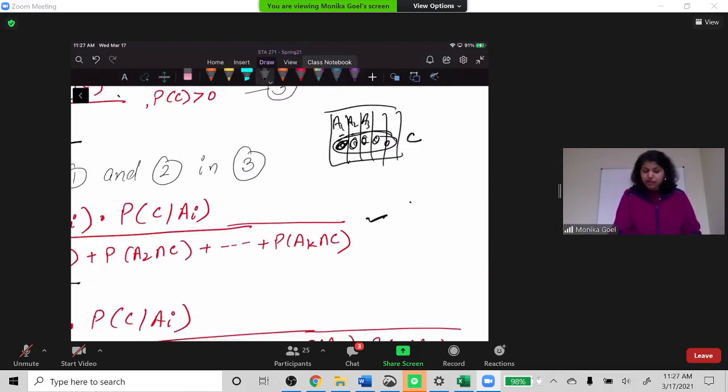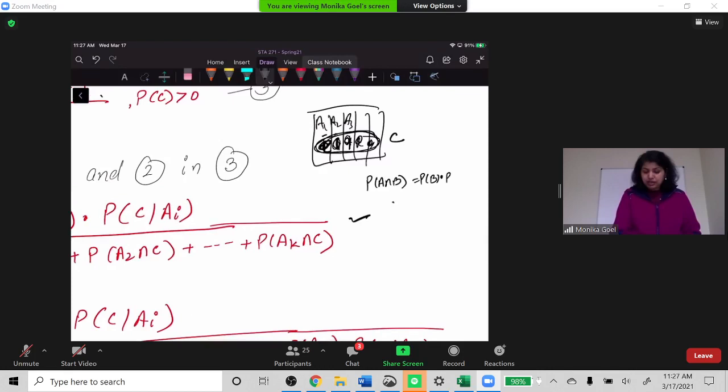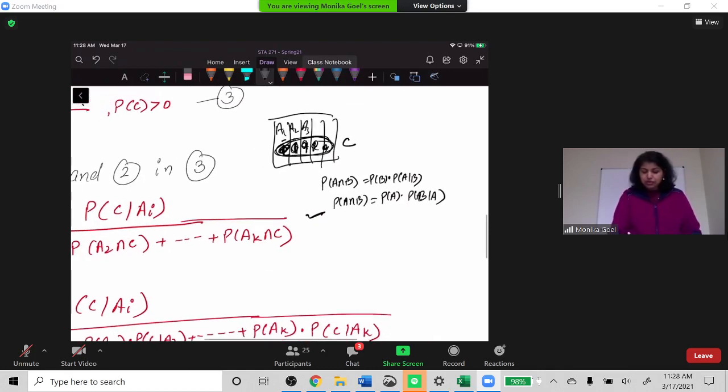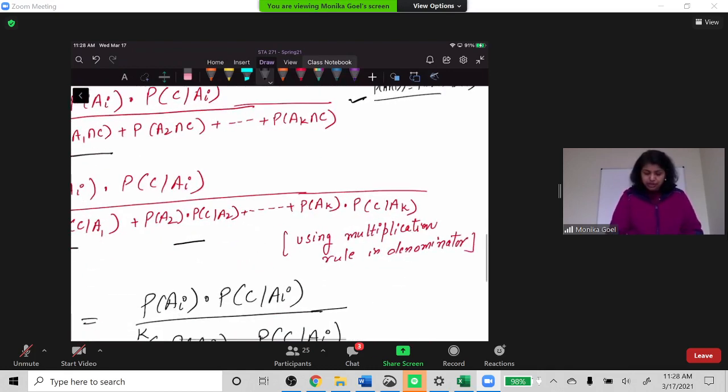So now you're finding this part and you need to look for these individual intersections. And according to the rule, we know that the intersection is probability of B if B is given, and if A is given, then it's probability of A times B given A. That's what you're doing for 1, 2, 3, and all.